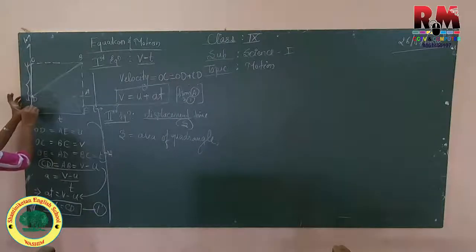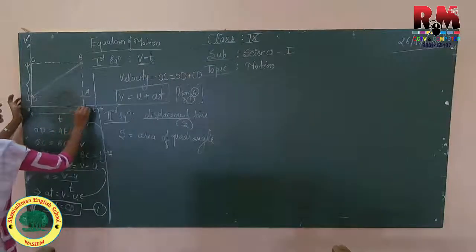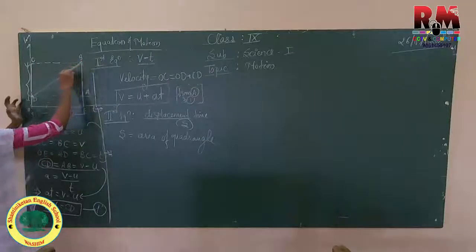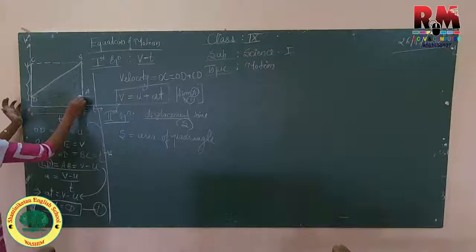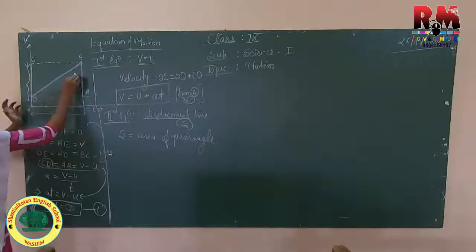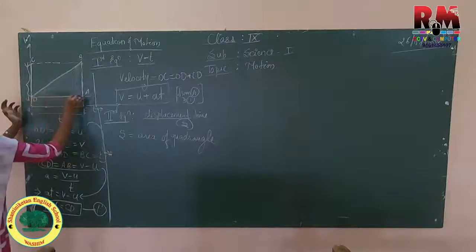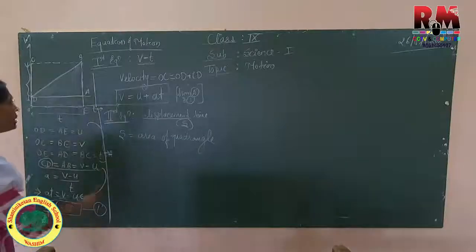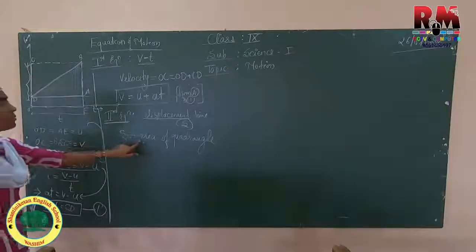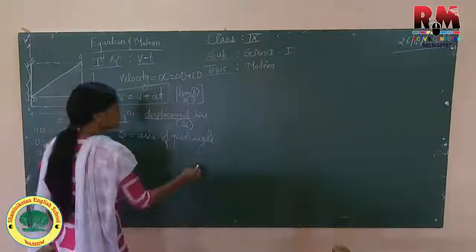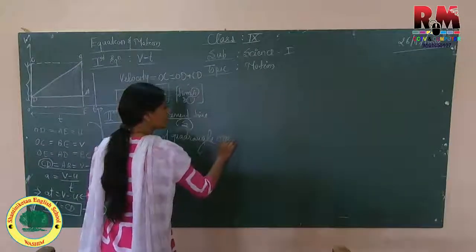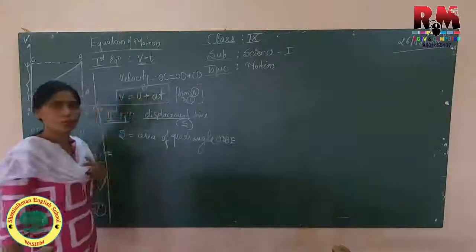What is it? ODBE. This is the shaded area. If you want to find distance, you have to find the area of quadrangle ODBE.